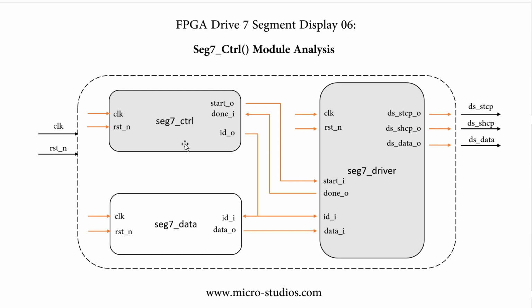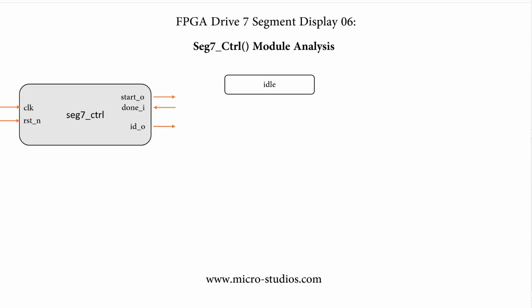Next step, let's take a look at what is inside this module and what the flow chart of this module is. For any module, the first state will be the idle state. After idle state, we will check whether the 1 millisecond has arrived or not.